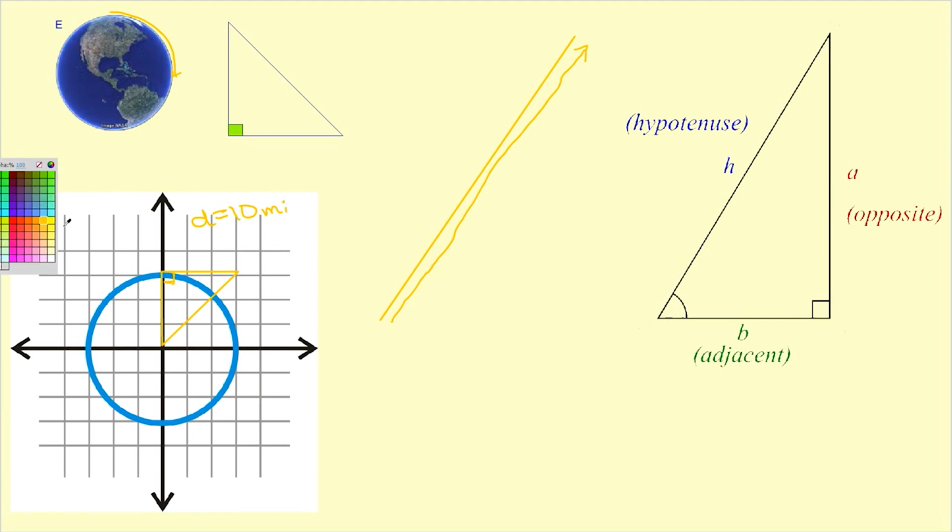But this guy, he walked the Earth 10 miles. This is what he actually walked right there. But just for the sake of argument, let's say that yellow line is almost the same as this line.